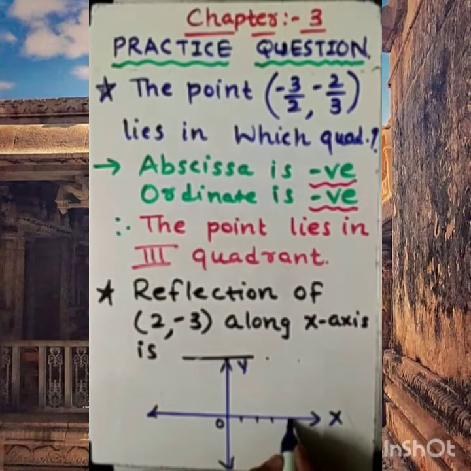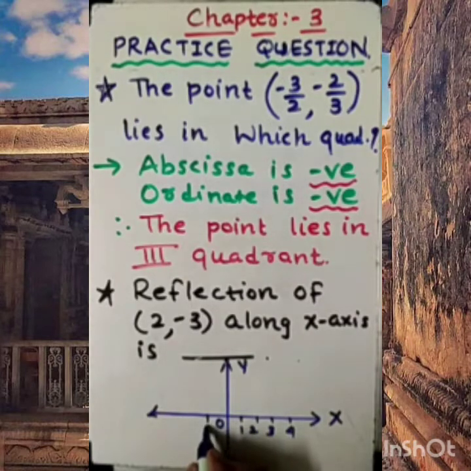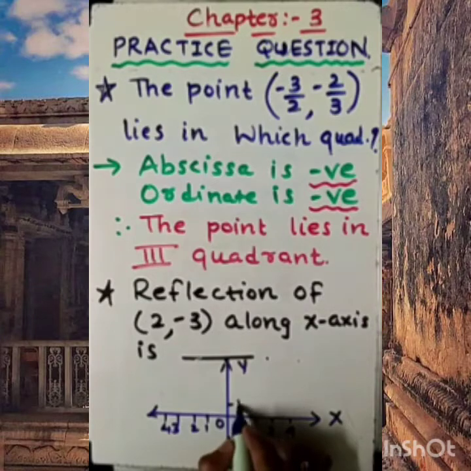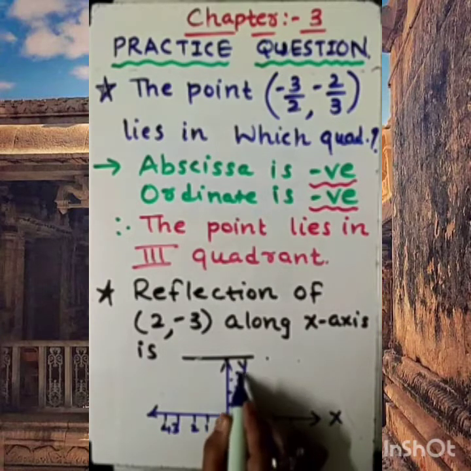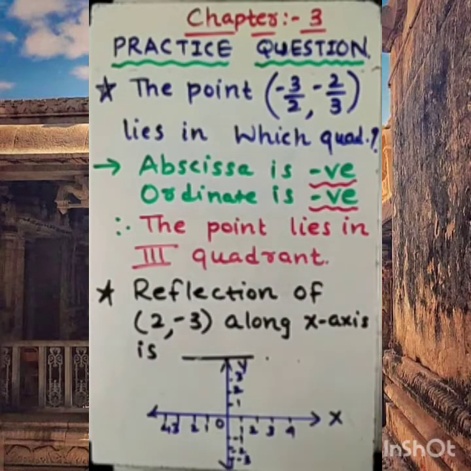So if I write here 1, 2, 3, 4, this side also 1, 2, 3, 4. And this side negative, minus 1, minus 2, minus 3. This side 1, 2, 3. Roughly I am writing. Now dear student, here (2, -3) will be located here.